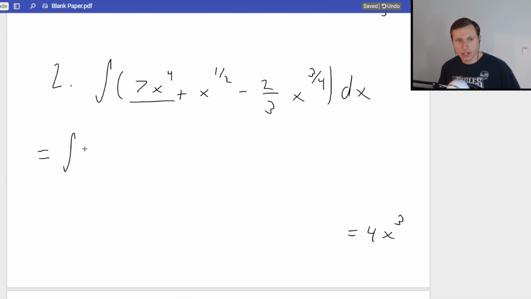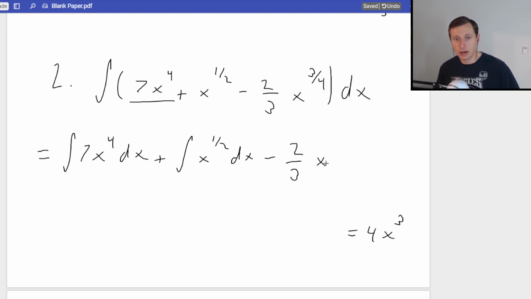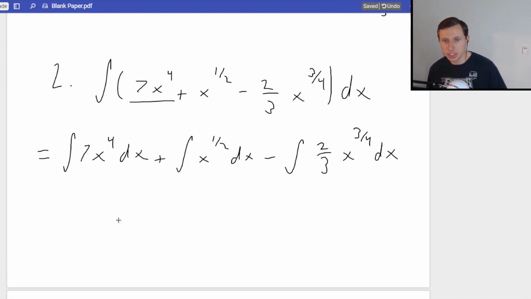It's the integral of 7x to the 4th dx plus the integral of x to the 1/2 dx minus, I missed the integral, minus integral of 2/3 x to the 3/4 dx. We can split it up into 3 different integrals. This is obviously helpful because now it's very straightforward what each integral is. It's going to be 3 power rules for antiderivatives, and here's how we do it.